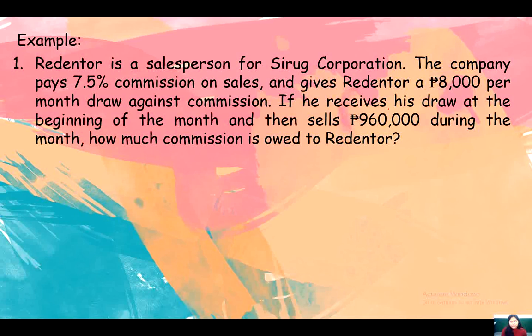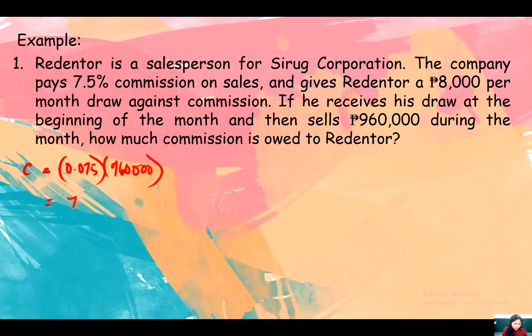Okay? So for the first month, nabayaran na siya ng 8,000. Right? So what we are going to do is to get the 7.5% commission doon sa kanyang kinita, which is yung 960,000. So we have 7.5% is equal to 0.075 times the sales amount, which is 960,000.